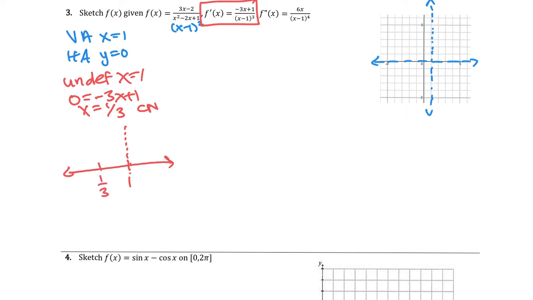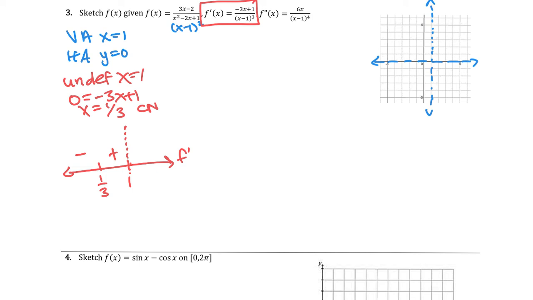If I plug in numbers like 0, I'm going to get something negative if I'm plugging those into my derivative. If I plug in something between 1/3 and 1, like 1/4, I'm going to get something positive because the numerator is going to be negative and the denominator is going to be negative. So that's going to give me something positive.